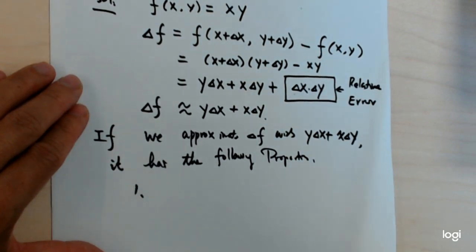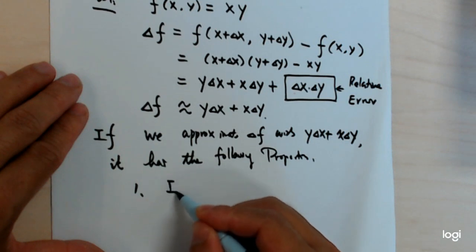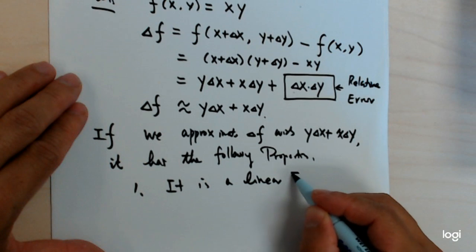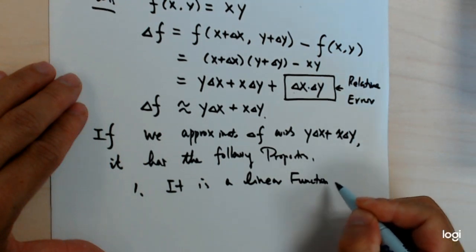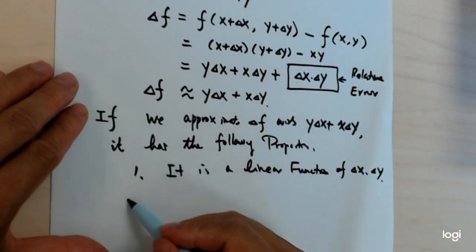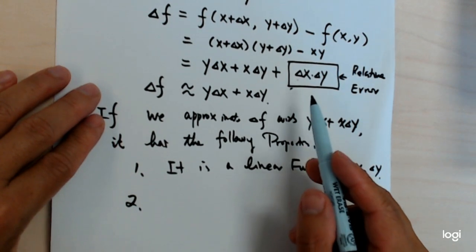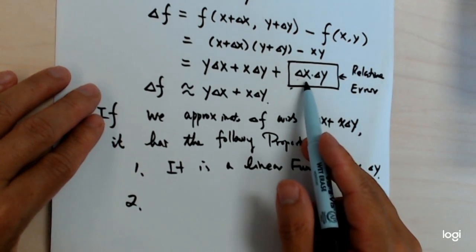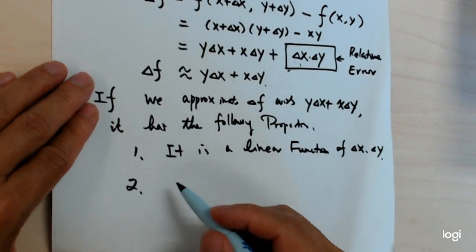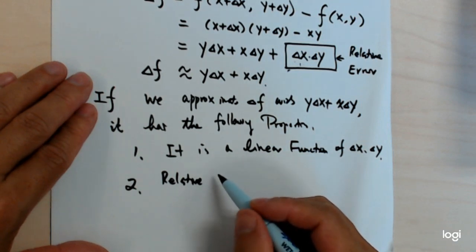Number one, as we said already, it is a linear function of delta x and delta y. It is linear. Number two, the relative error goes to zero faster than both delta x and delta y because of the product. Which turns out to be the key to define differentiability.